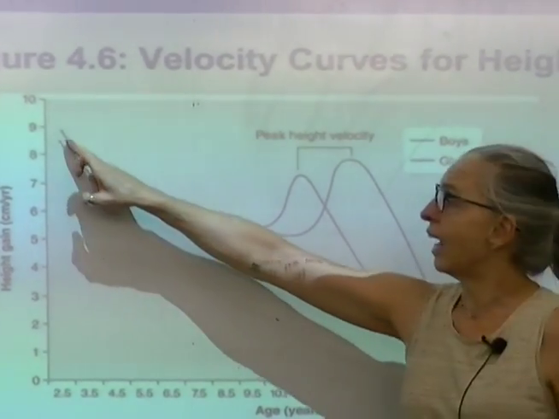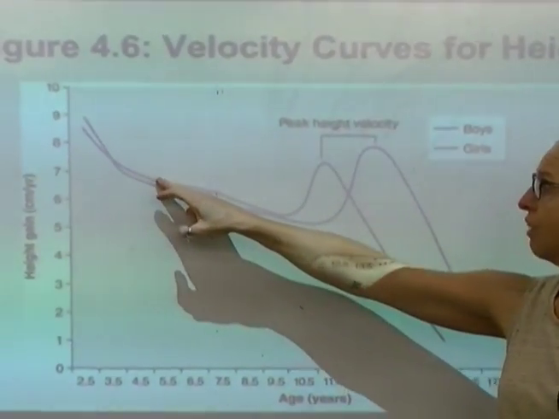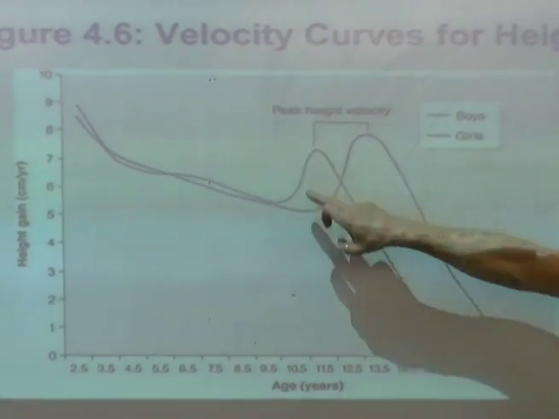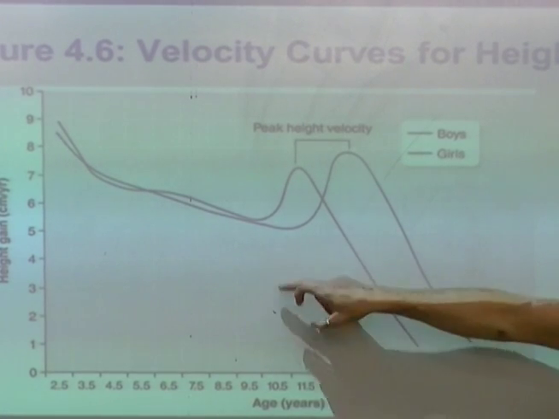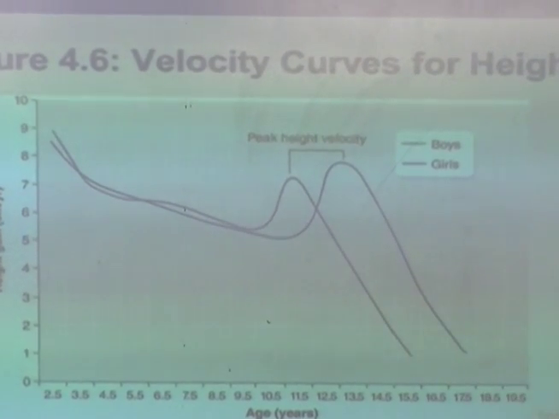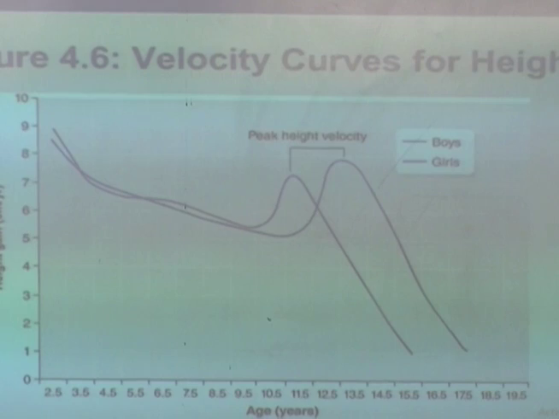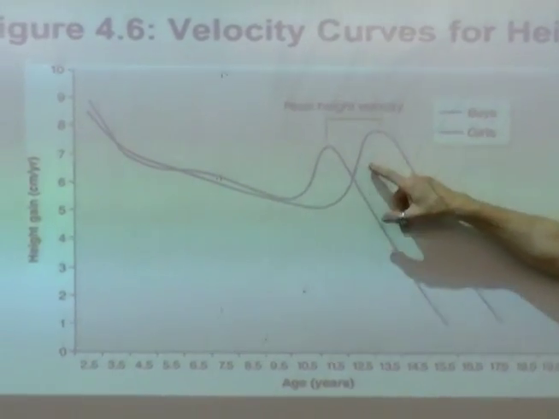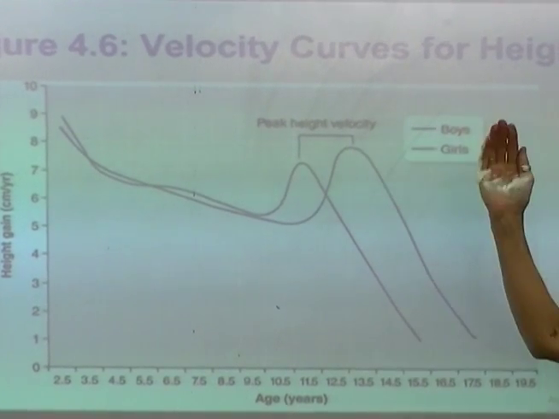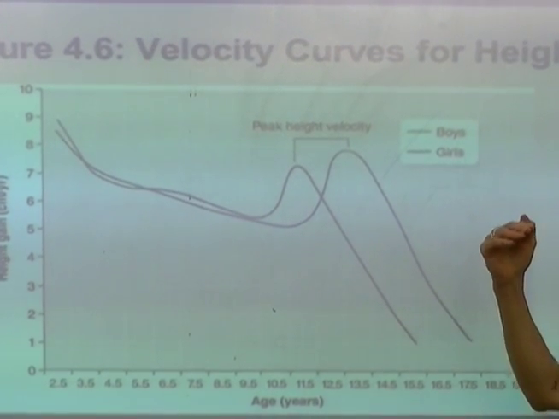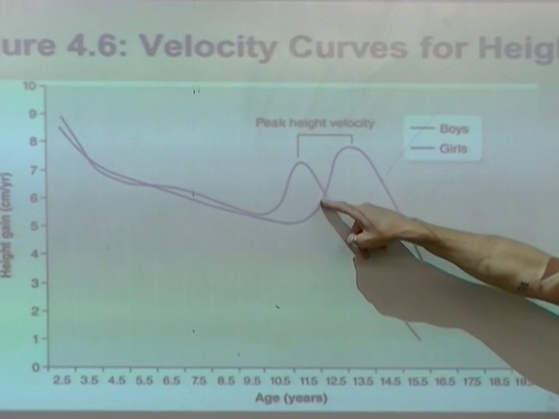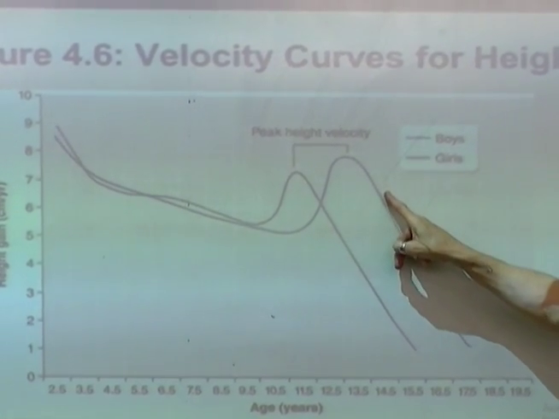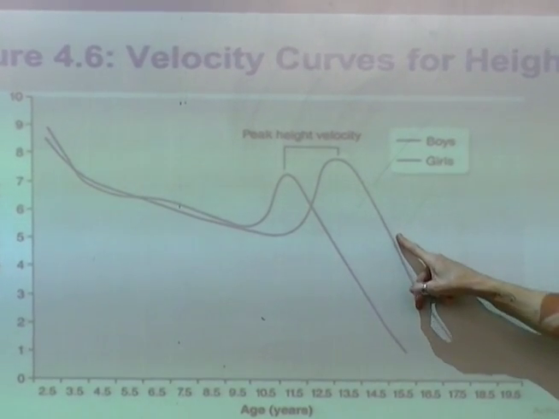It's just that we start to slow down, we're plodding along, and here's our growth spurt. One for girls, one for boys. Once we hit our peak height velocity, any peak on a velocity curve indicates a change in direction. So I'm growing really fast. Here's my fastest. Now I'm slowing down. I'm still growing, but I'm growing more slowly.